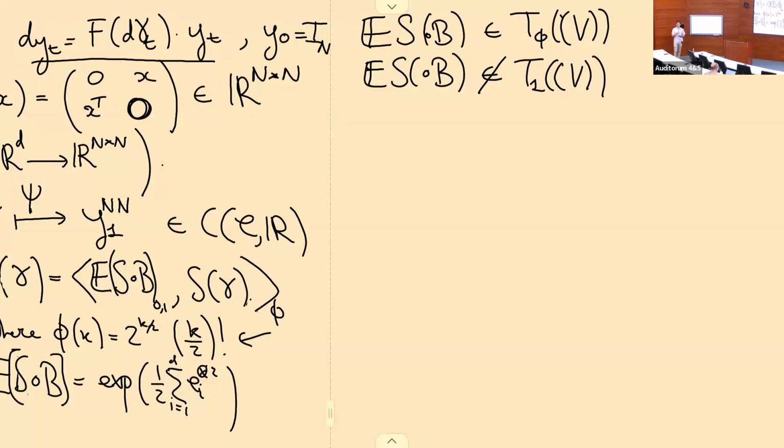I don't know what you mean by increasing the phi. Let's say I take a phi tilde which is bigger than the phi, then I would expect that T phi tilde, the bigger one, is a smaller space than T phi, for all k. Yes, for all k. Probably. This doesn't sound implausible to me.